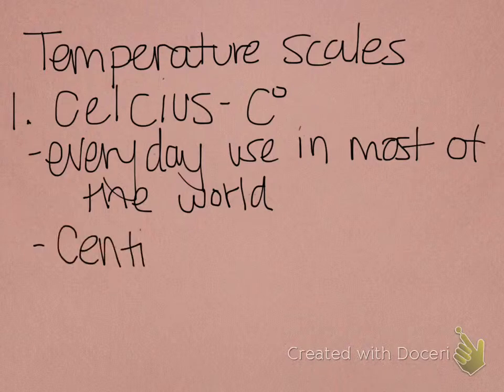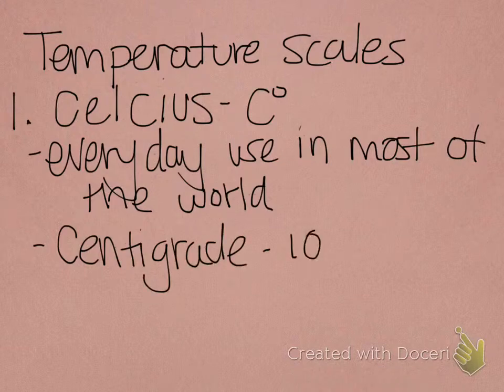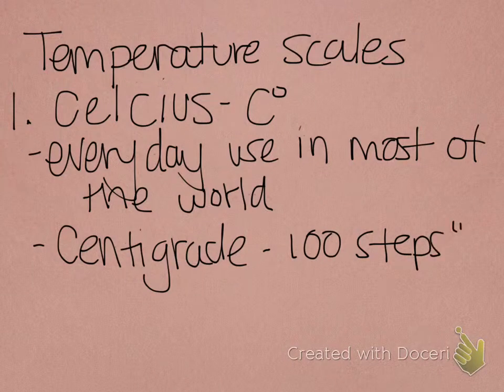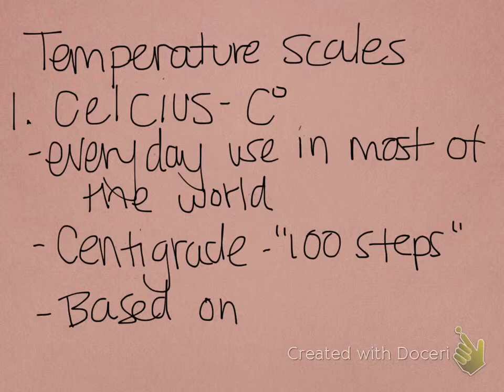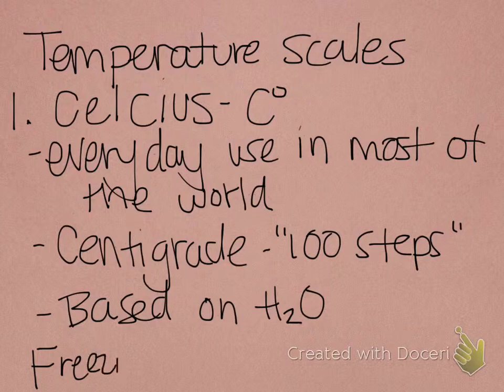So the Celsius scale is also called the centigrade scale, which means 100 steps. And that is because this scale is based on water. So I'm going to put H2O here, where freezing happens at 0 degrees Celsius.